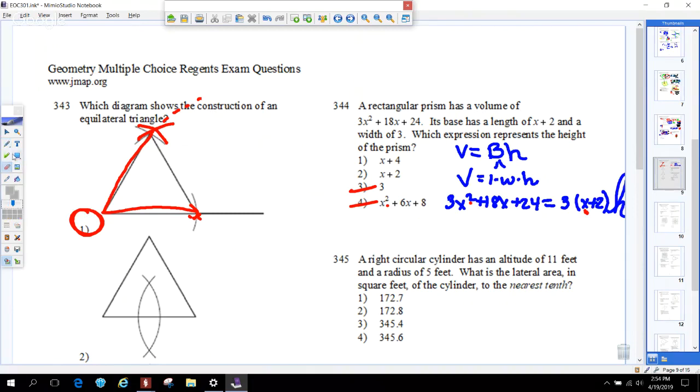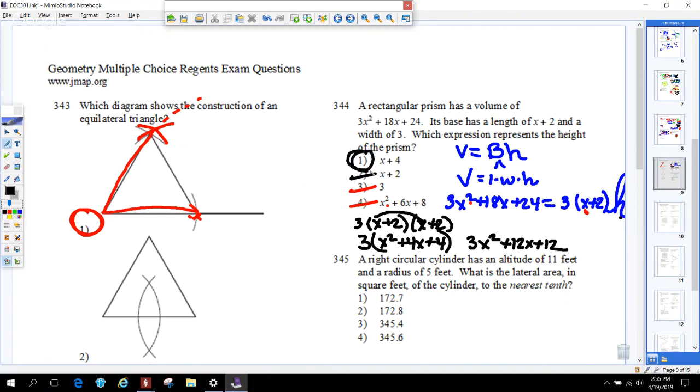For choice 2, let me see, what's 3 times x plus 2, and then times this height, which would be x plus 2. Well, x times x is x squared, plus 4x plus 4. If I multiply all of that by 3, I'm left with 3x squared plus 12x plus 12, which is not what I want. So it's got to be choice 1.